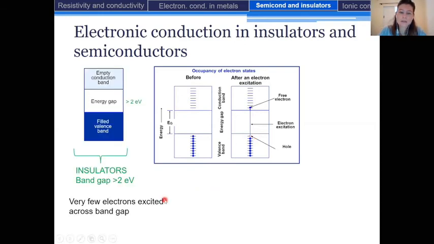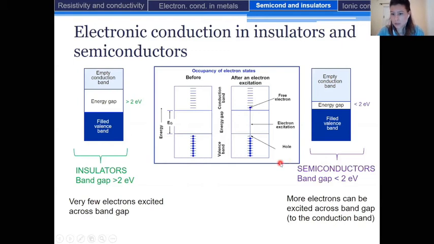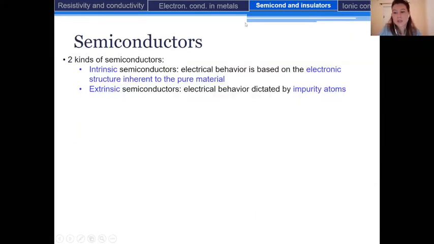Okay, so since the band gap is high in insulators, very few electrons are excited across the band gap, and that explains the low value of electronic conduction. Whereas in semiconductors, since the gap is lower, more electrons can be excited across the band gap to the conduction band.